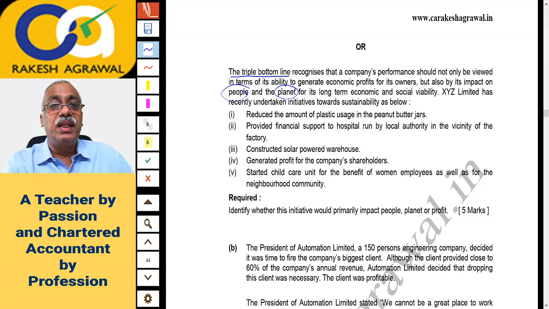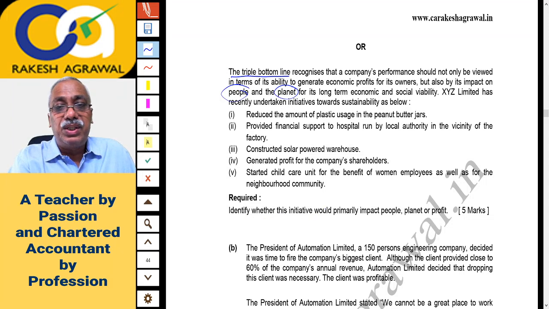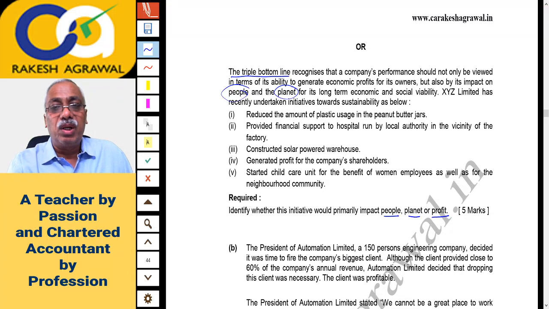XYZ Limited has recently undertaken initiatives towards sustainability as below, and there are 5 items given. It's very simple. Identify whether the initiative would primarily impact people, planet, or profit. Triple bottom line, three criteria to measure the performance. You do it on your own and then check with the printed answer.